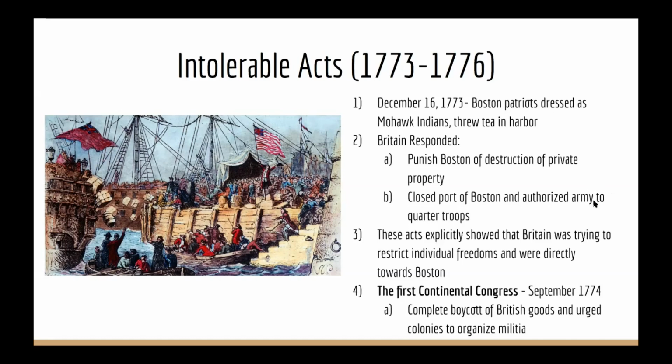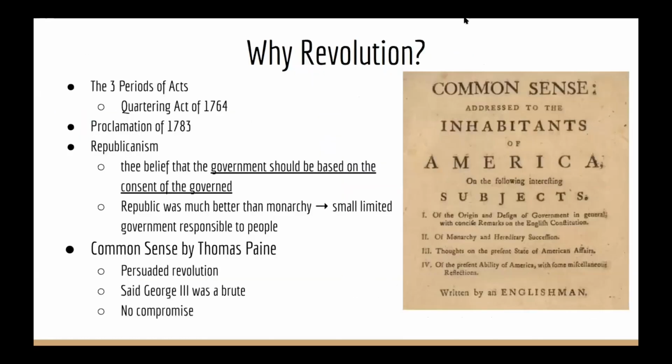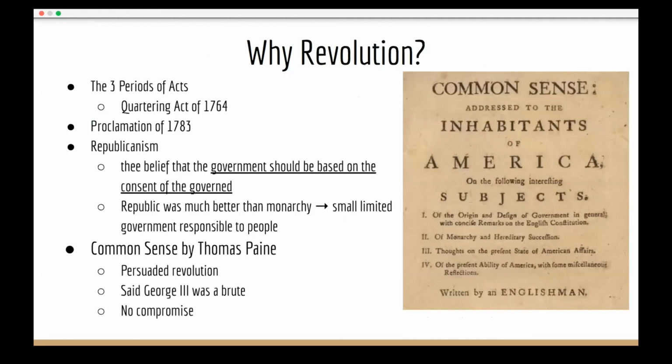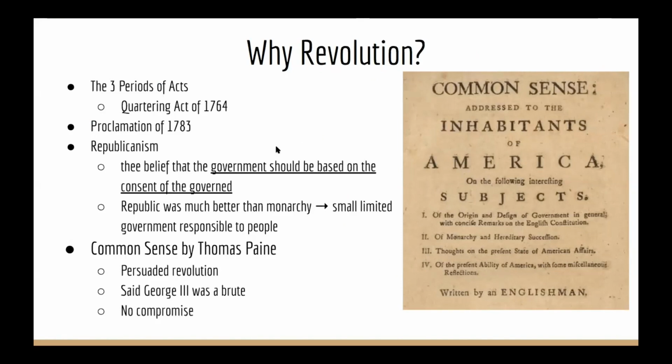So, the Intolerable Acts. All these 3 periods of acts would soon culminate in a revolution, obviously the American Revolution. So why revolution? We talked about the 3 periods of acts and the 3 events that happened during this time. We also talked briefly about the Quartering Act, which was basically soldiers could pull up to your house and demand food, supplies, and shelter, and you had to say yes.